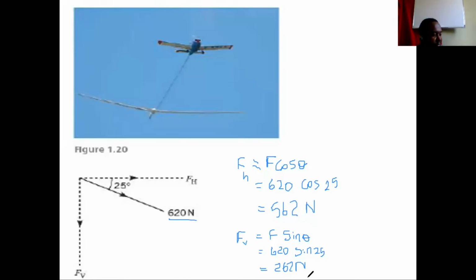This one is easy because it's just one vector, so it's easy to find its components, x and y. Now we're going to use this knowledge to go further and see how well we can understand it when there is more than one vector.